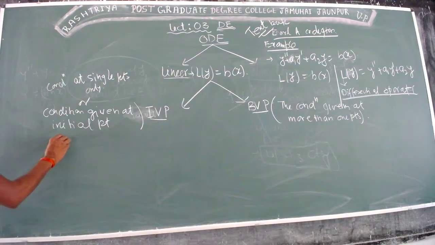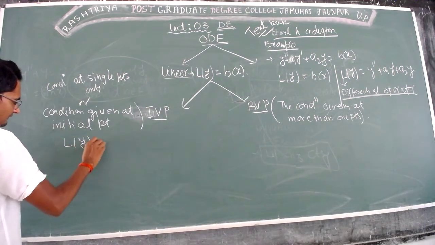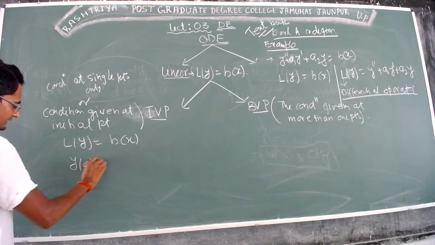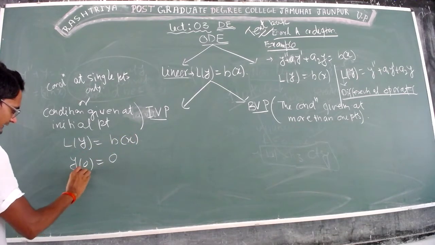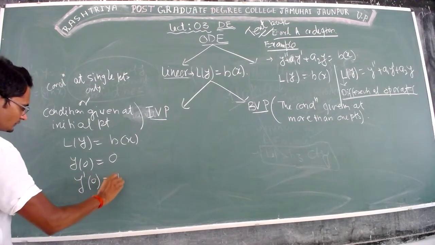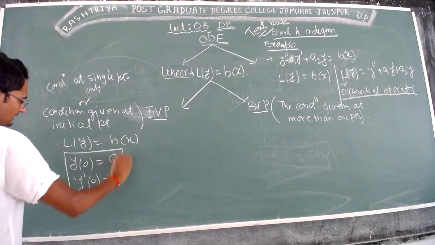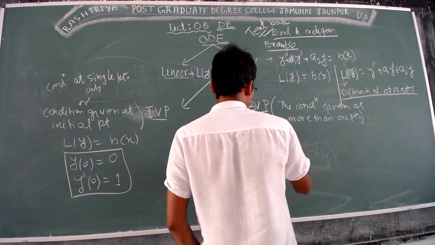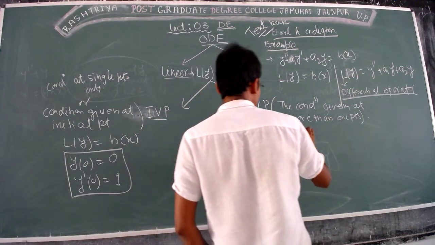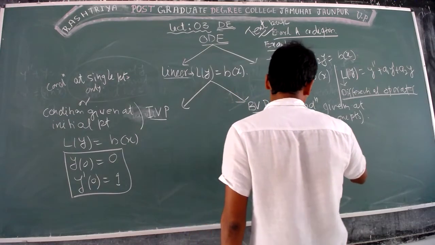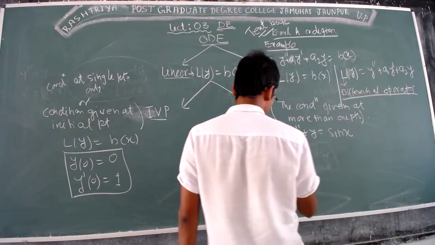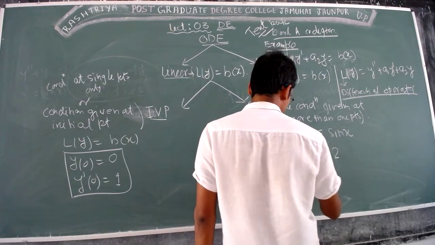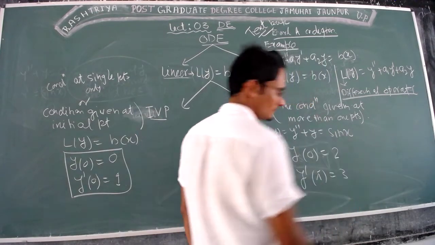You can see some examples. Ly equal to d(x), with the conditions y at 0 equal to 0 and y dash at 0 equal to 1. For the boundary value problem, Ly equal to y double dash plus y equal to sin x, with the conditions y at 0 equal to 2 and y dash at pi equal to 3.